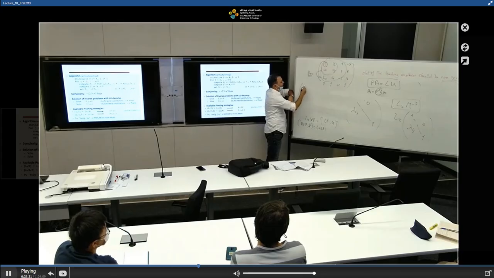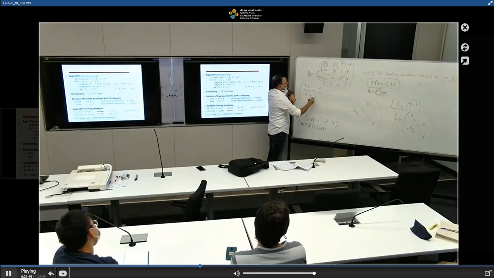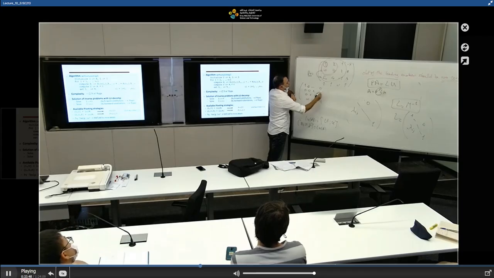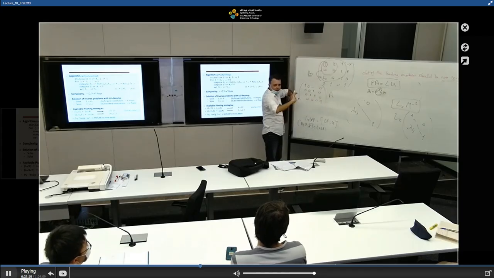It's like you're multiplying by 1, 0, 0. It's like the identity, but you're flipping the second and the third rows. So it becomes 0, 0, 1. If I'm not mistaken, 0, 1, 0, 0, 0, 0, 0, 1. You multiply this by A, you get the swapping.